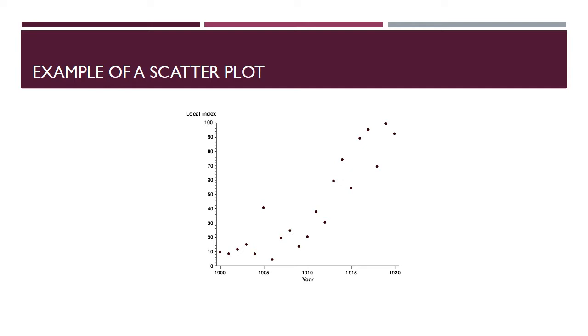The two variables, the two data sets that we have here are the year and the local index, which typically refers to the temperature of some sorts. Could be a particular season average, could be a particular day of the year. We would have to know more information from the actual statistical data and what it's all about before making a judgment as to what the local index means there.